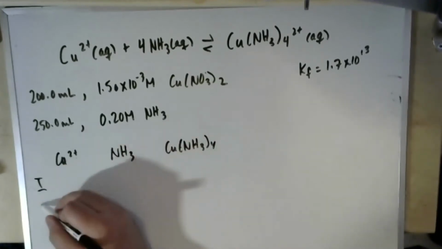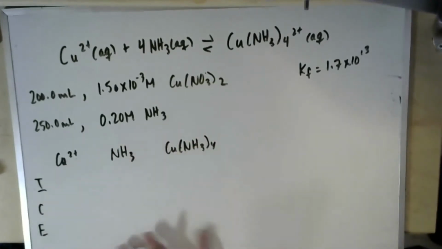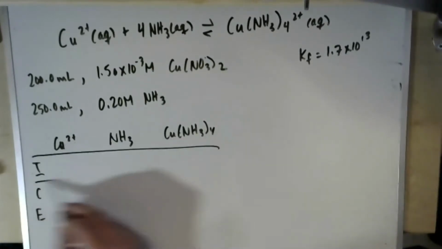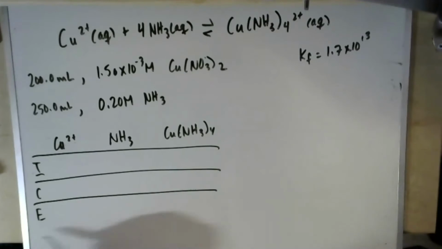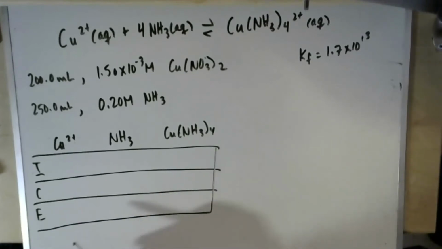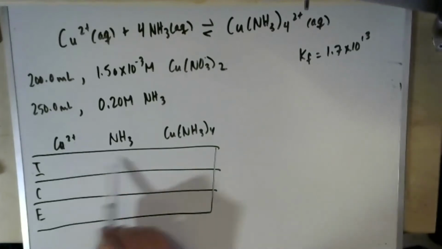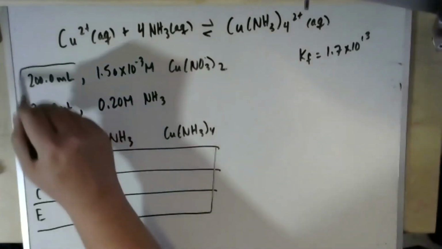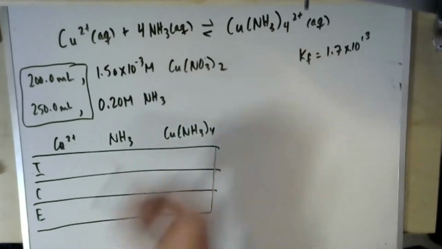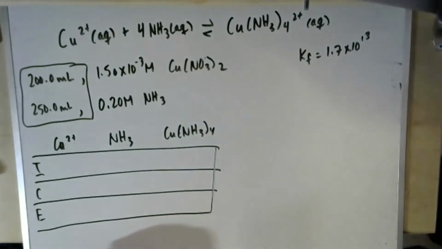Okay, and I'm going to use an ICE table to track the changes that are happening as these things react. Now I'm mixing two different volumes together, so I can't just pull my concentrations down and throw them into this initial row. Because I'm adding two volumes together, I have to recalculate the concentration of both of my components.